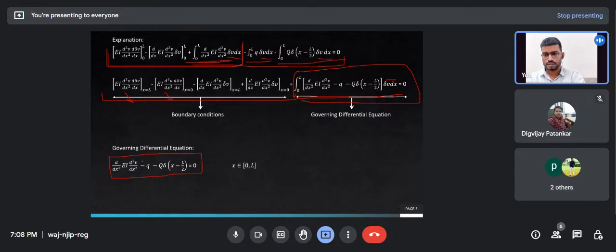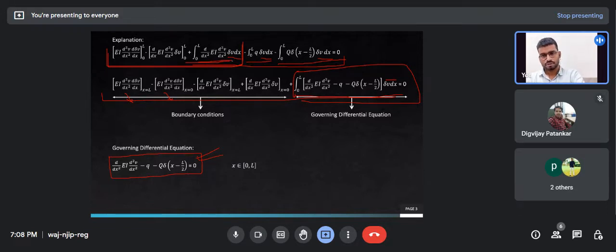Right? So in the same fashion, we can derive the differential equations of a beam, bar, or any structure subjected to load. I can define the governing differential equations in this pattern. Right?